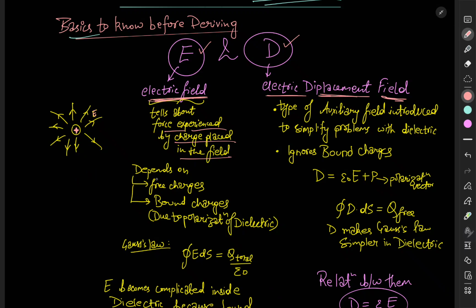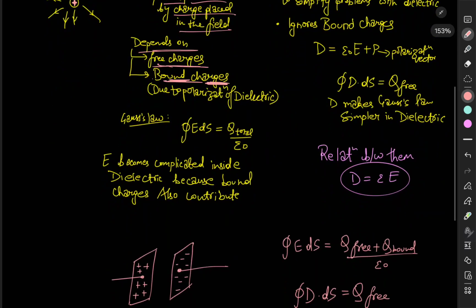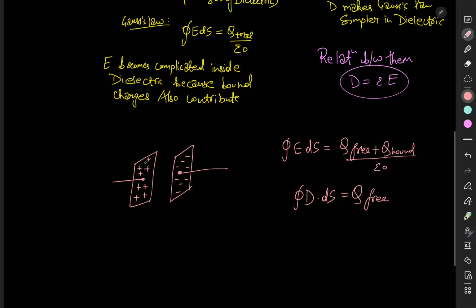Now this electric field depends on the free charges as well as the bound charges. Where does the concept of bound charges come from? Bound simply means that the charges cannot move or are not free. This happens in the case of dielectrics. A dielectric is something which, when it comes under the effect of an electric field, say these were some normal plates, there is no charge right now and no electric field, but if we apply an electric field, then one part becomes positive whereas the other part becomes negative.